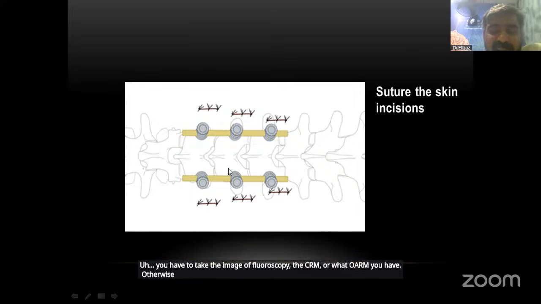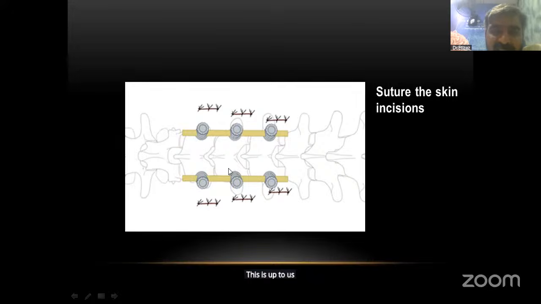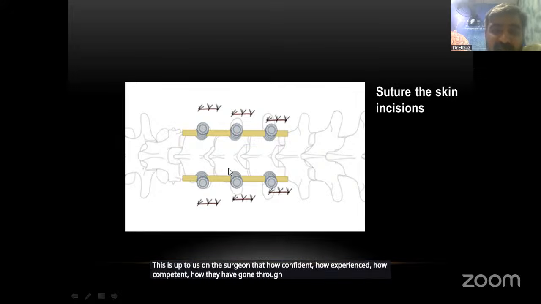Otherwise, if more than 3 images are being taken, it means either we don't have the confidence, or we don't know the anatomical landmarks, or are not aware of the approach. This is up to the surgeon, how confident, experienced and competent they are. I don't think there's a need for more than 3 images.